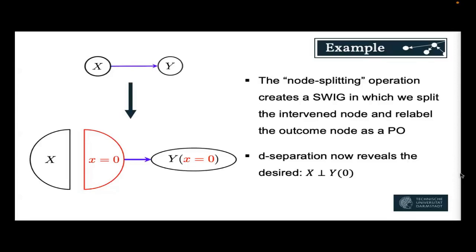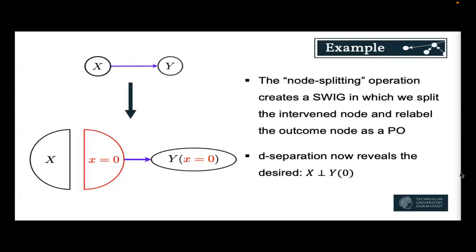So you go from X and Y to this X being split. There's still the variable X, but there's also now this new node, which is X equals 0. And this one is the only one now pointing to not Y, but Y when treatment X is 0.